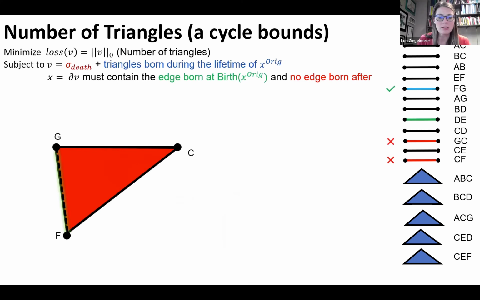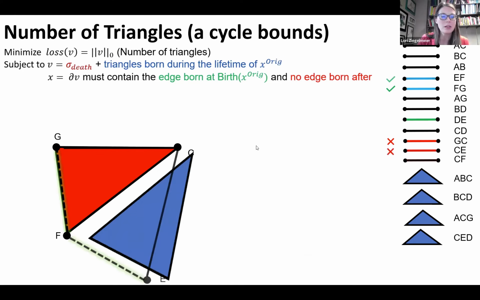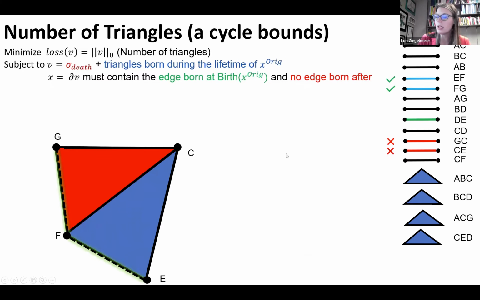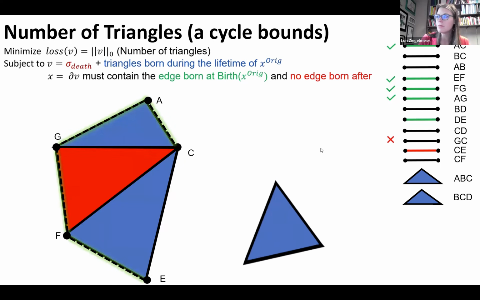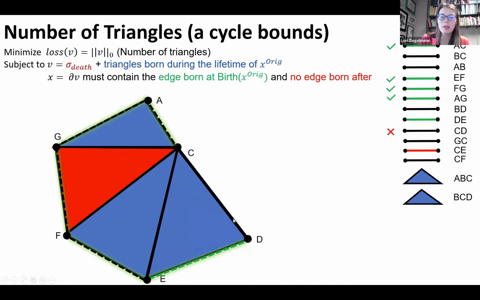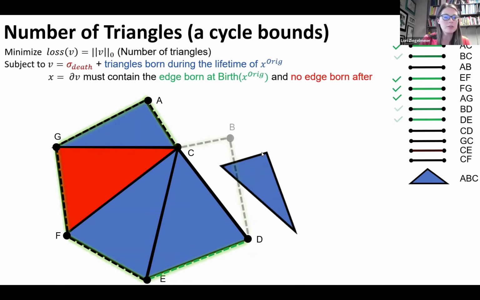Now we have two edges that are not allowed, because you cannot have edges born after the birth simplex, which was born up here. So we can start adding triangles until we see only CE is no longer allowed. We can keep adding triangles. Now CD is no longer allowed, and we can keep adding triangles.